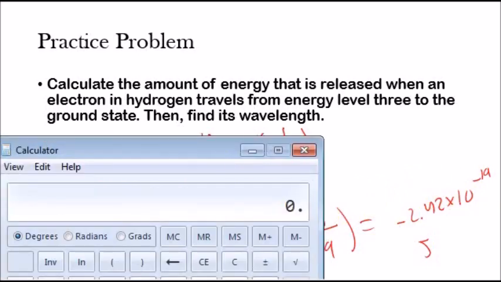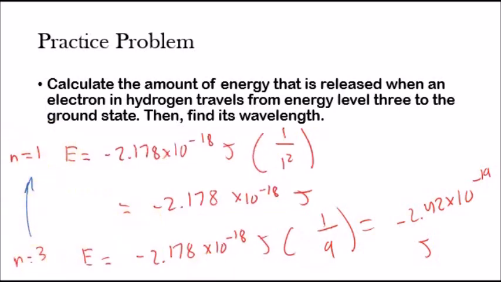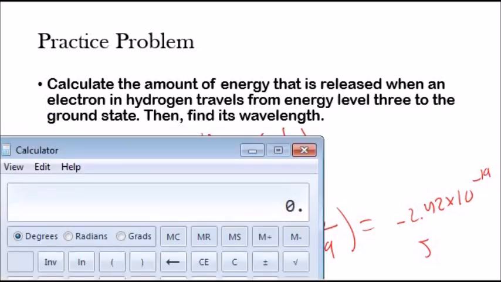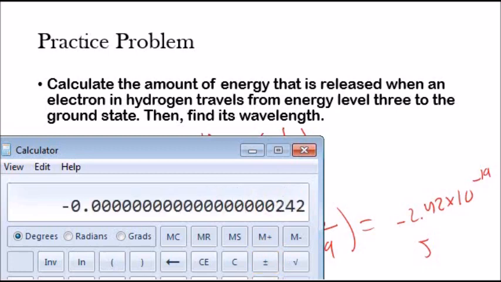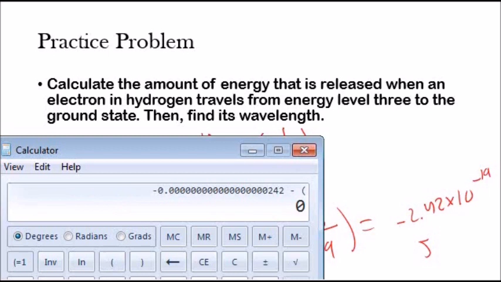Okay, because we're going this way, from 3 to 1.